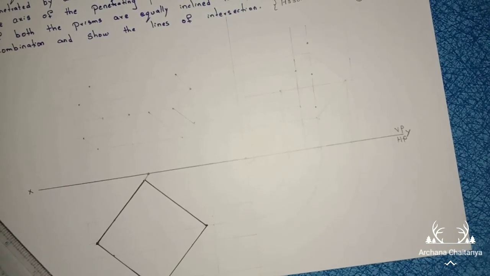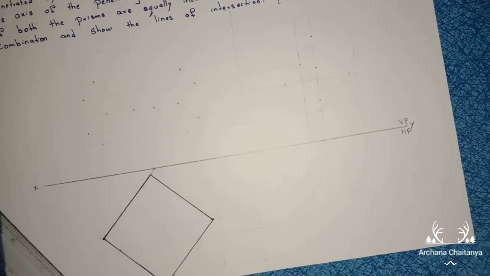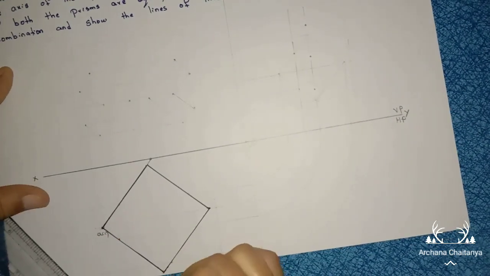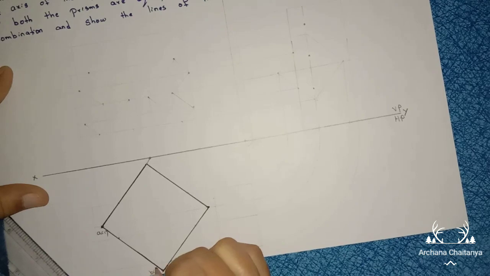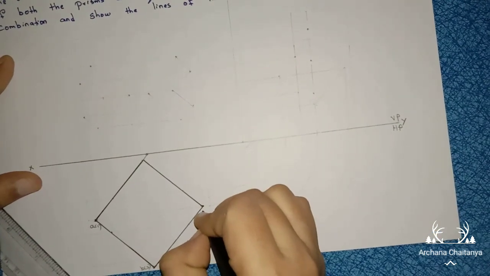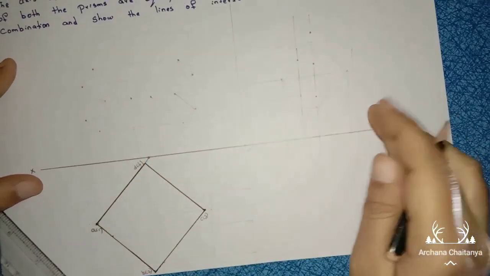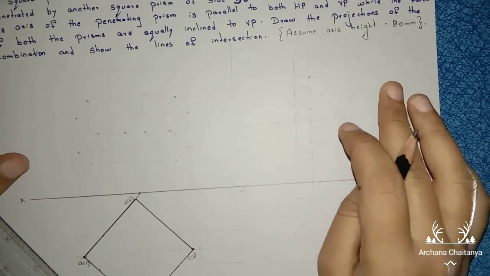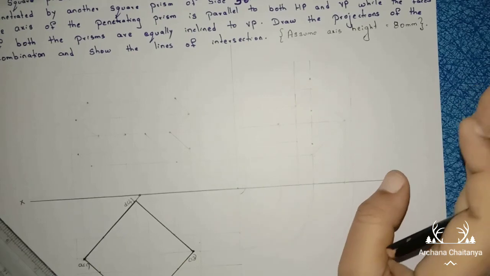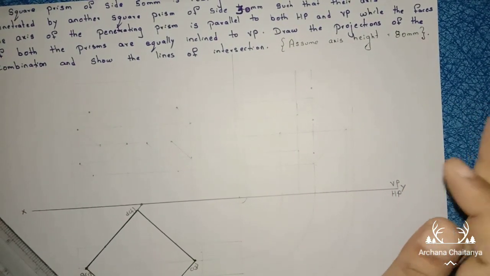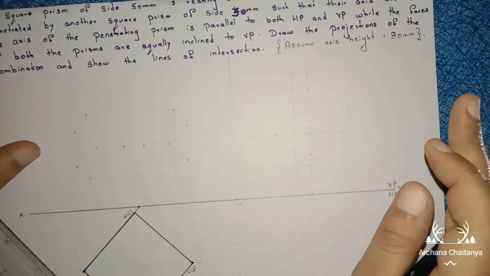After constructing this square, now name the square as A of 1, B of 2, C of 3, D of 4. In this question also they didn't mention the axis height, so you can assume the axis height whatever you want, like 80 mm, 100 mm.